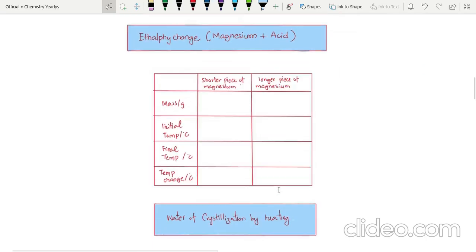Let's move on to enthalpy change, which can come up as the second question. This is particularly related to the magnesium plus acid reaction. In case another reaction comes in, like I remember a question about 2 to 3 solutions, where we made up the same volume of 50 cm cube every time but varied the amount of each solution added.